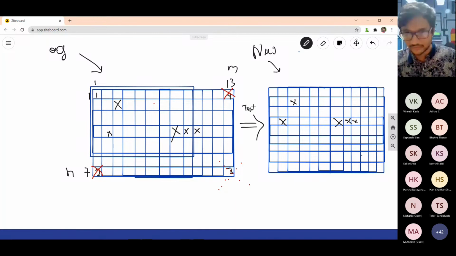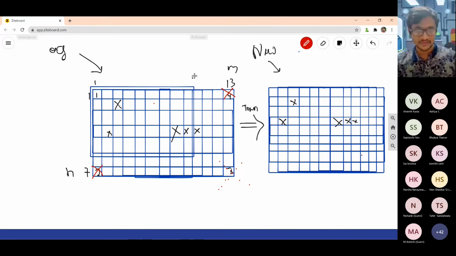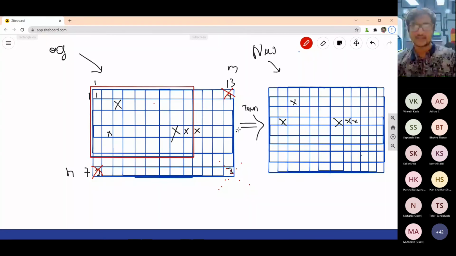So you apply some transformation such that when you do an operation like this in the original grid, in the resulting grid only a few cells are getting affected. You got what I'm saying, right? If you apply a transformation, and it's such that when you apply an operation in the original grid, it changes only a few cells in the new grid.